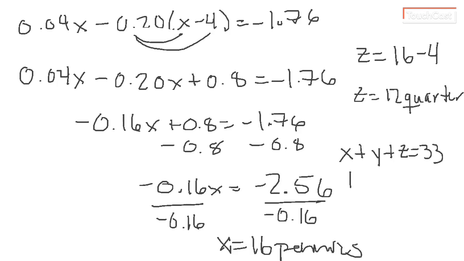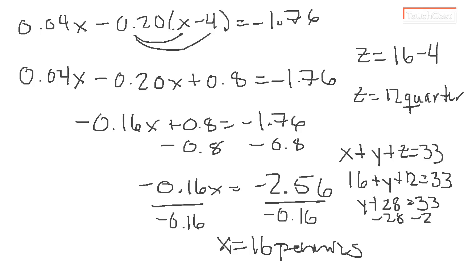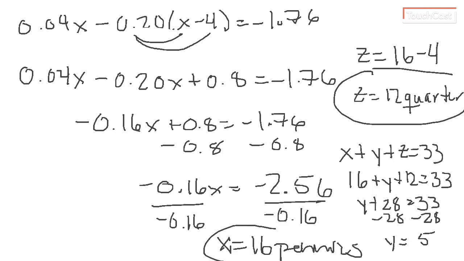If 16 is x, we don't know y, and we've got 12 quarters, we can add 16 and 12 first, so y plus 28 is 33. Subtract 28, and we get y, the number of nickels, is equal to 5. So we've got 12 quarters, 16 pennies, and 5 nickels.